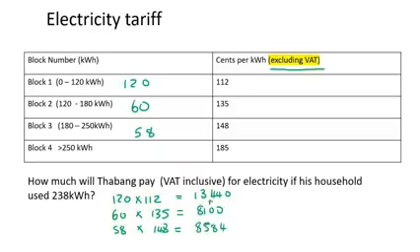Okay, and then we just add all of those numbers together, and that gives us 30,124. Then I want to convert that into rand. So that'll be 301 rand and 24, and then I can add VAT by multiplying by 1.15.